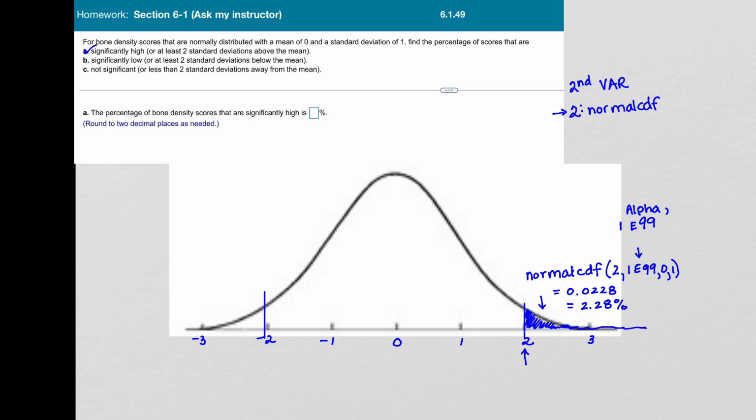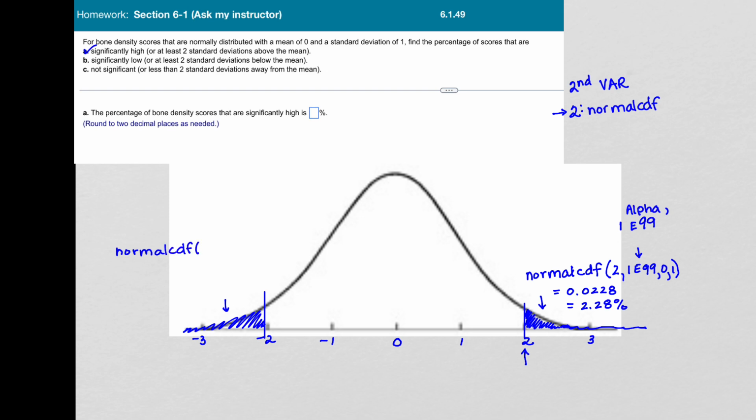Now we want the percentage of values that are significantly low, or at least 2 standard deviations below the mean. So this would be similar. We're going to use the same function. We're looking for this percentage of values. And this we would calculate by typing in normal CDF.